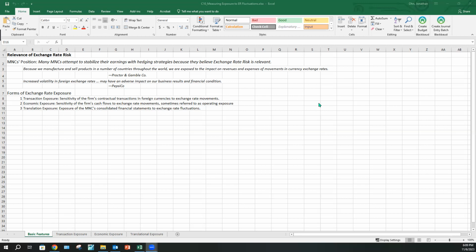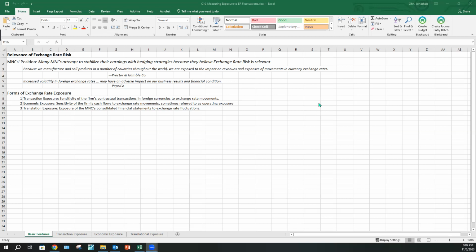Economic exposure is the sensitivity of the company's cash flows to exchange rate movement, sometimes referred to as operating exposure. When the company calculates its cash flows and profits, the net cash flows to the company will change depending on the exchange rate movement.